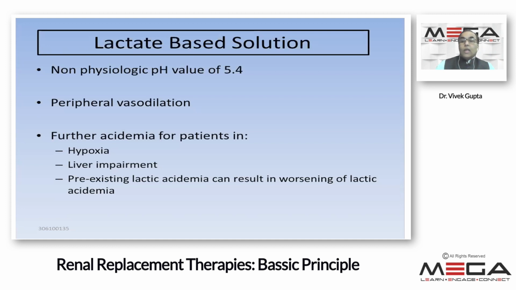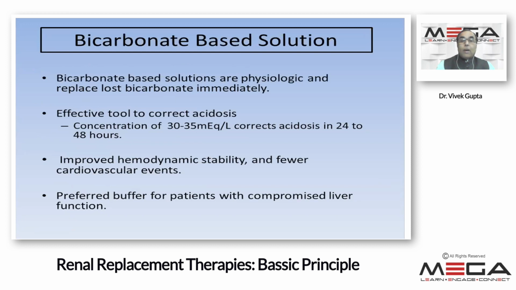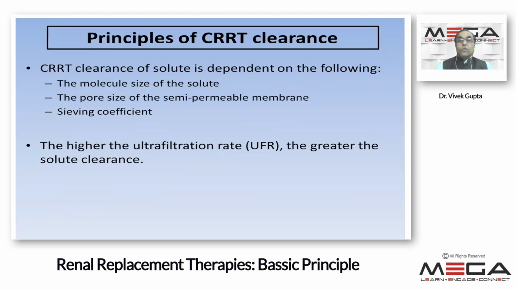So that has to be kept in mind. The bicarbonate-based solutions basically replace the bicarbonate. A concentration of 30 to 35 milliequivalent per liter corrects the acidosis in the next 24 to 48 hours of CRRT, and they achieve better hemodynamic stability, and it is preferred, especially in cases of liver dysfunction.